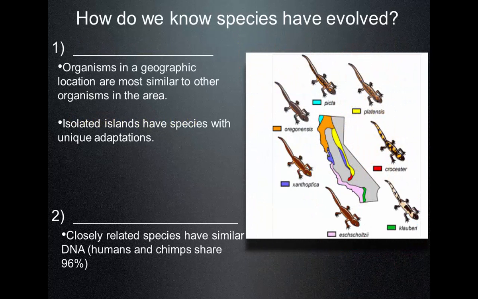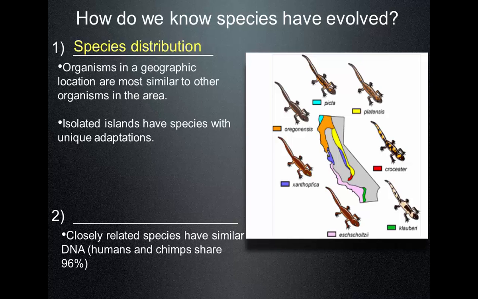Okay, some other ways we know species evolve and change over time is by looking at where species are located. What we see is if we look at an area, species in similar areas often have similar traits, similar characteristics. And when we get isolated islands, they tend to look much different than other species.